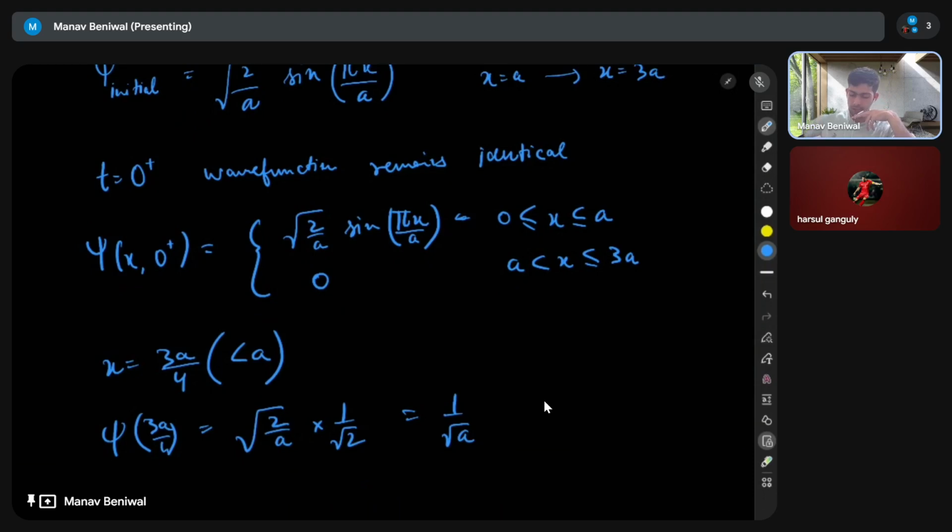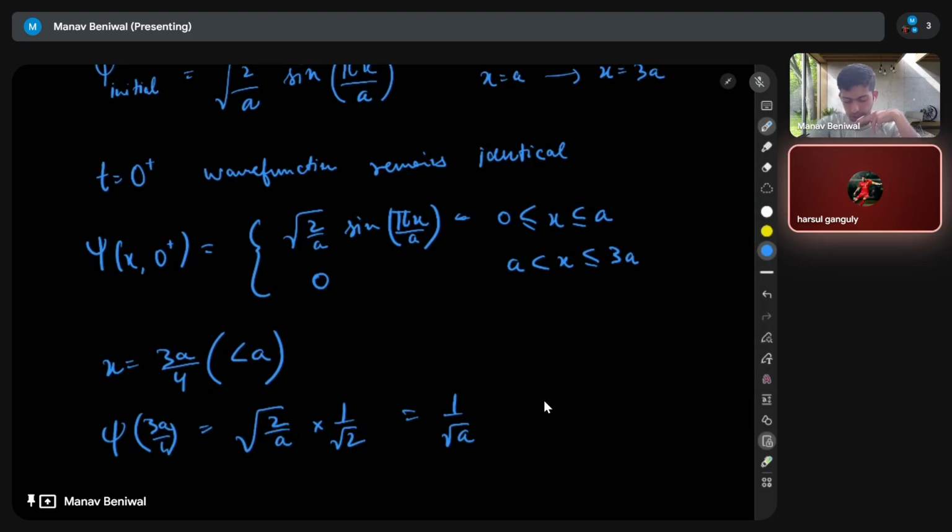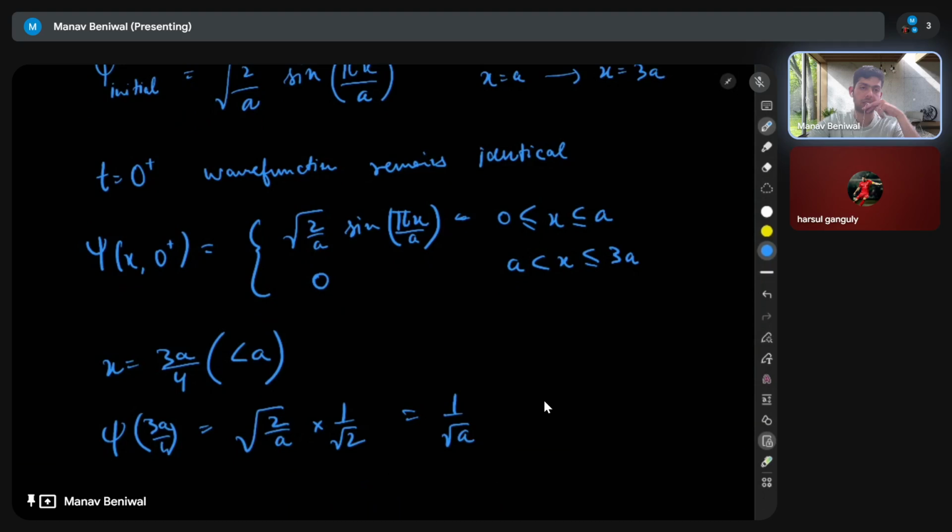But I understand why this doubt is coming, because I am also getting the same problem. When a problem says that a wall is suddenly moved, it is understood that we have to find the wave function at the very next instant. So I think the answer should be 1 by root a. So they are giving 1 by under root 3a as the correct answer, is it? Yes.